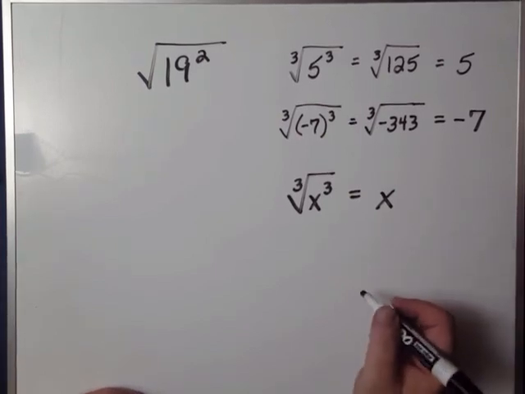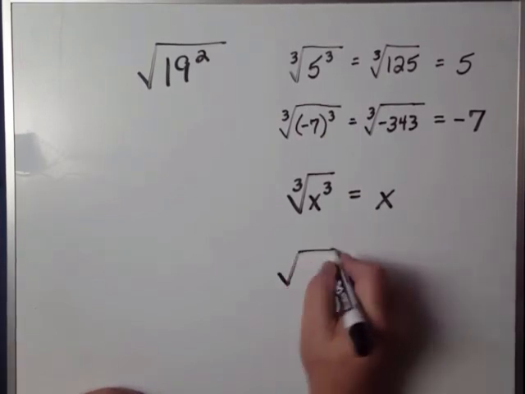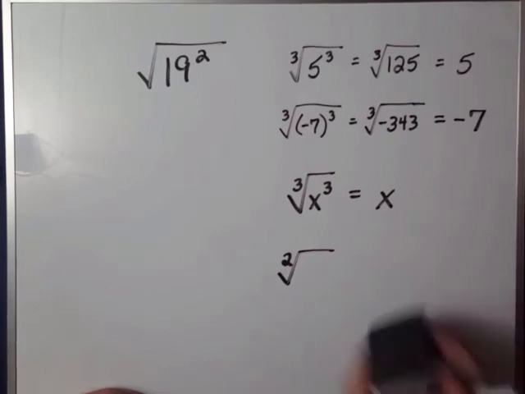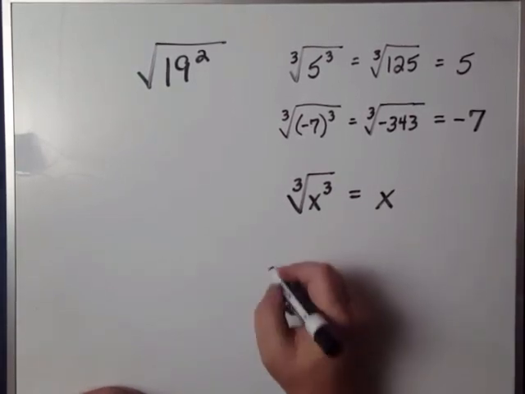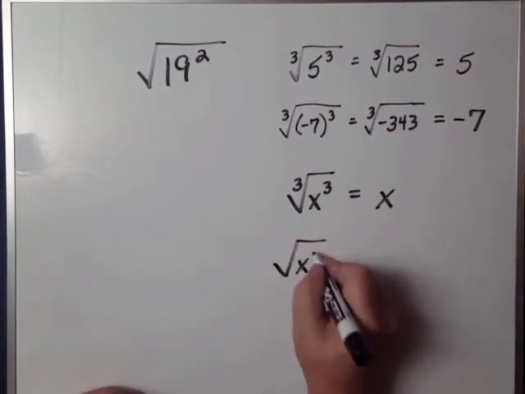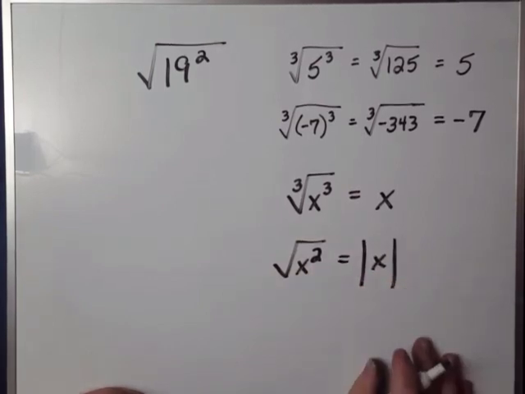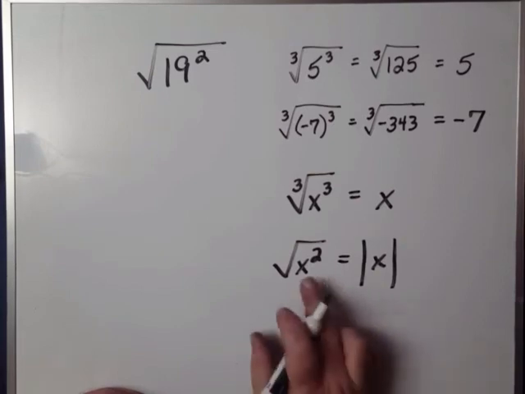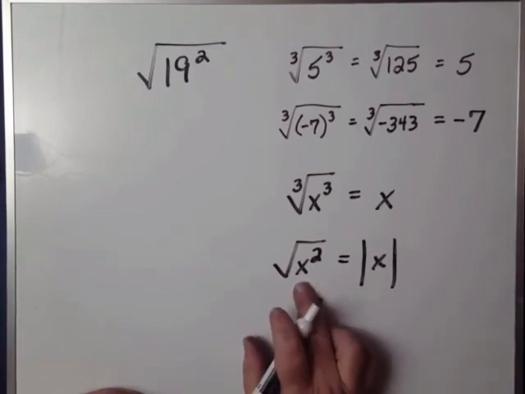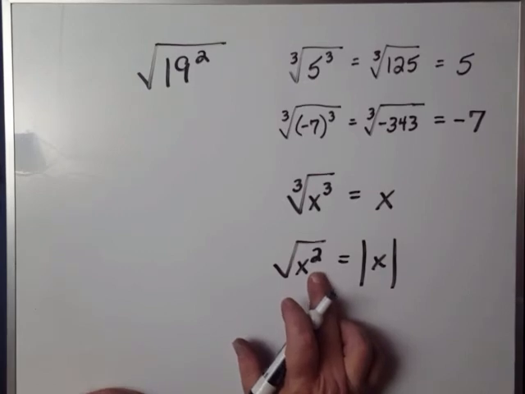So if we generalize this, a moment ago we had what? Square root, which you don't write that index, do you? Square root of x squared had to be absolute value of x. Because whatever the sign is of whatever x represents is going to get stripped off by that even power.